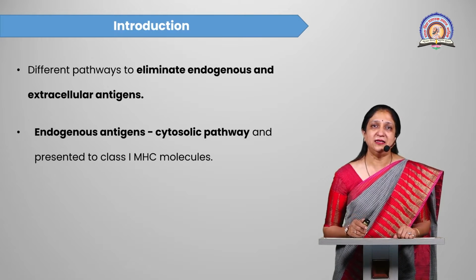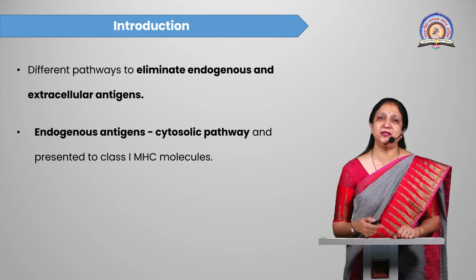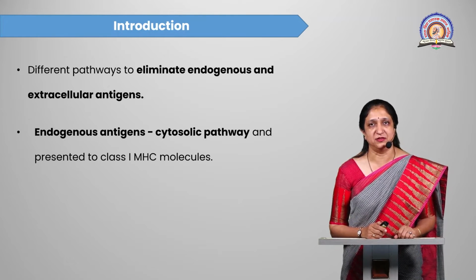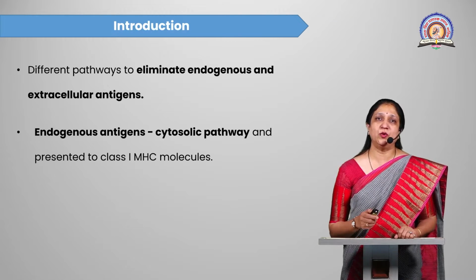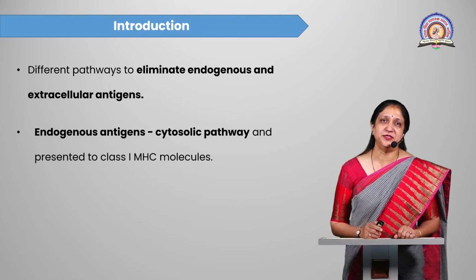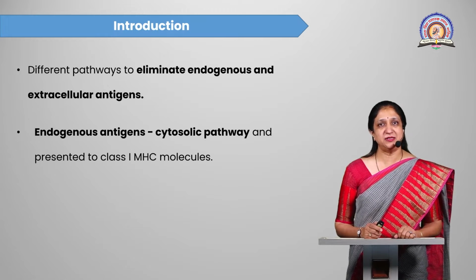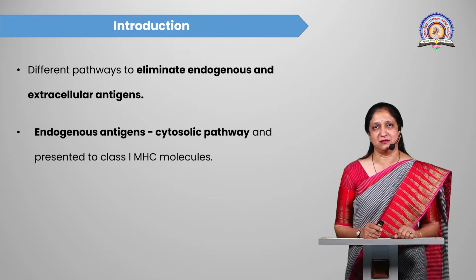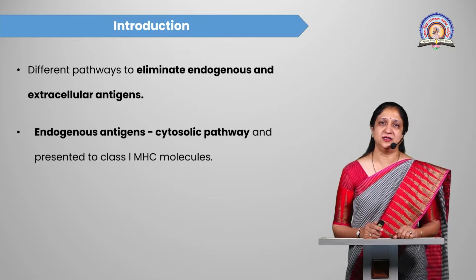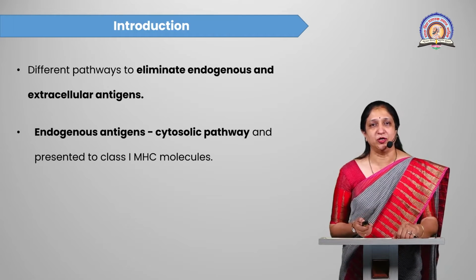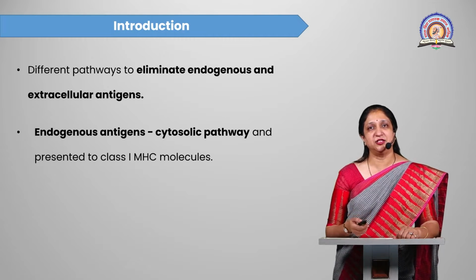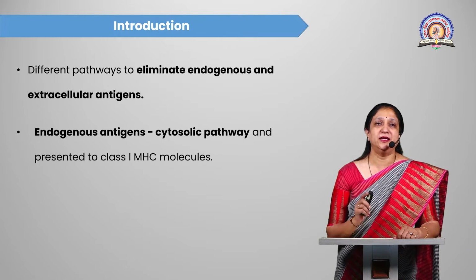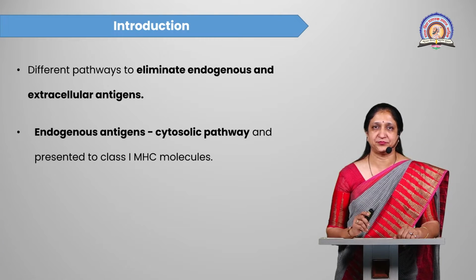So, viral antigens that are produced by the host cells are referred to as the endogenous antigens. In addition to the virally infected cells that produce antigens, there are tumor cells that may be generated in the body, which are altered self cells. So, these antigens are also produced within the body, and any antigen that is produced within the body is referred to as an endogenous antigen.